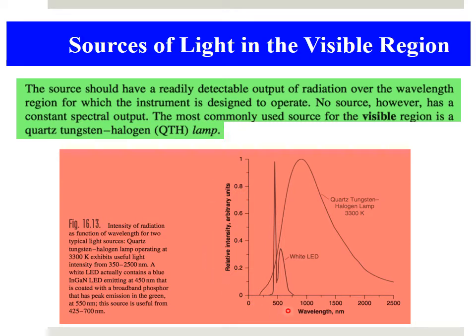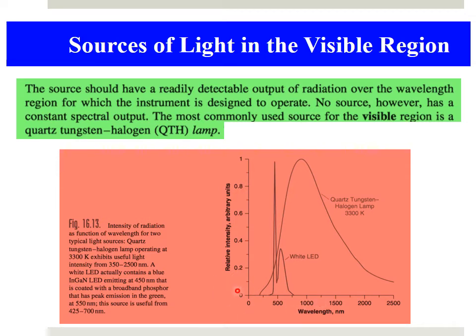This graph is showing the wavelength range supplied by the quartz tungsten halogen lamp. For the emission of radiation from the lamp, LEDs are used as a power supply, and they are very efficient and can be operated as low as 6 volts.